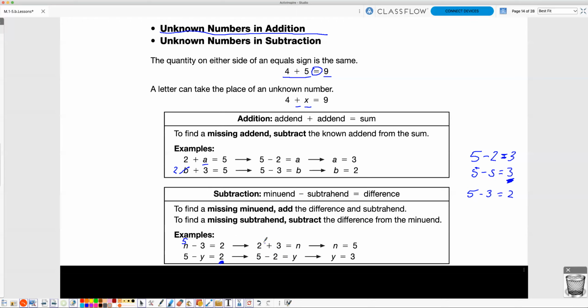So you see it's a little bit different. It's not two addition problems. This one's an addition and this one's a subtraction problem. So if you're trying to find the missing subtrahend, you have to subtract the difference from the minuend. So you need to know what those are. This minuend, subtrahend, and difference is pretty important.